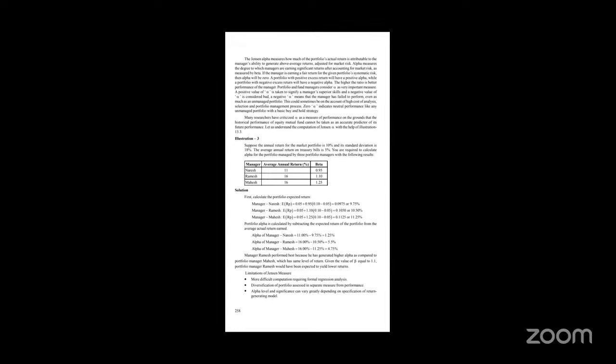If you apply the formula RF plus beta into RM minus RF, we'll get different values. For Naresh we get 9.75%, Ramesh 10% and Mahesh 11%. With this alpha, we can evaluate the return on portfolio.